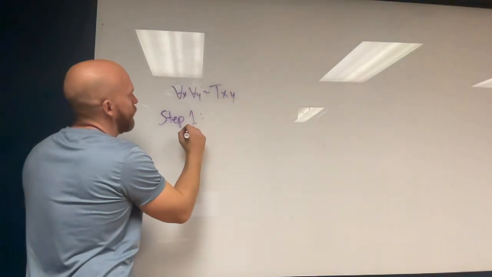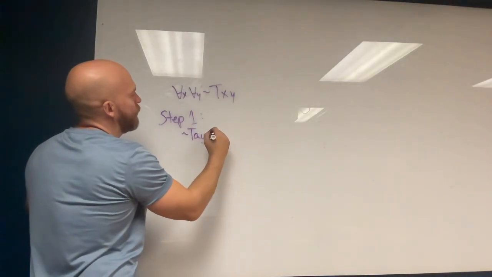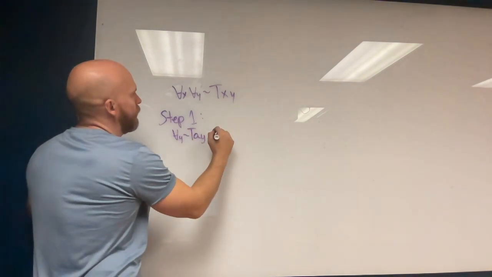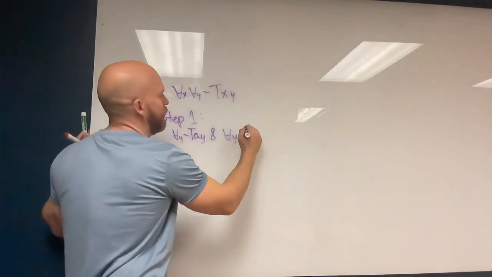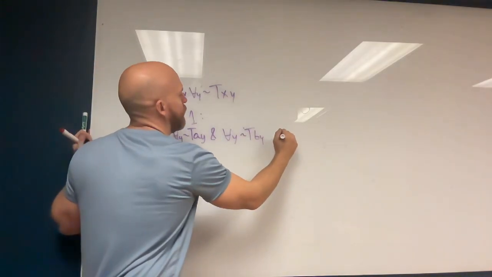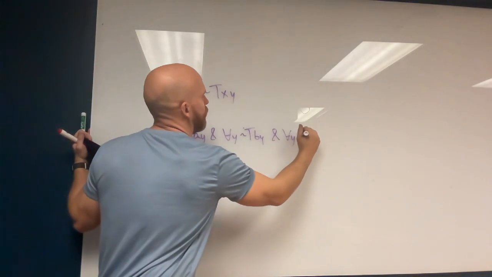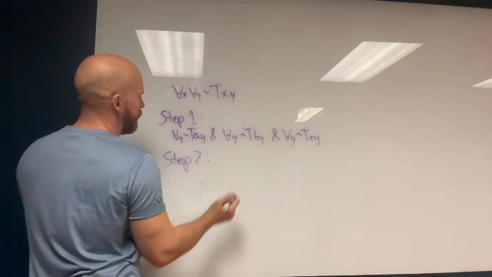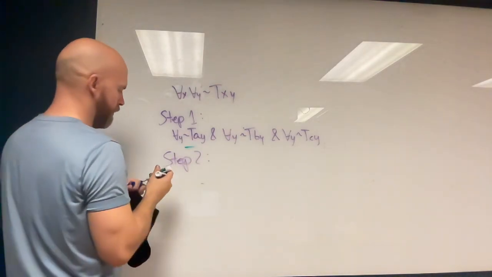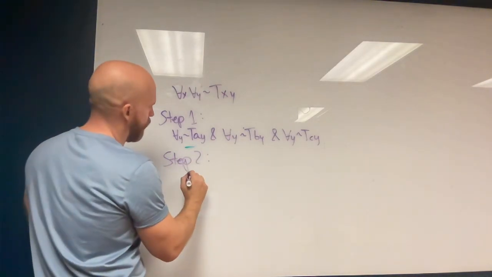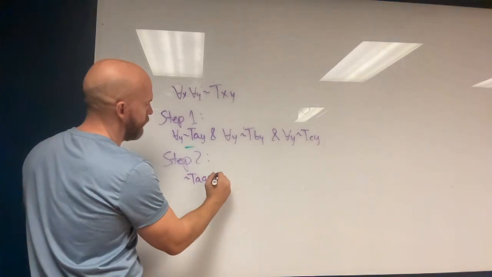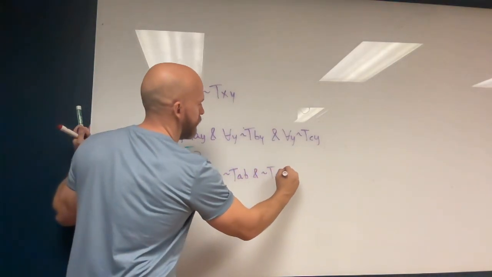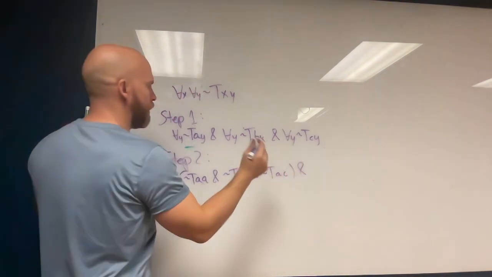Step 1, drop off that first quantifier. So not T A y, all y not T A y, and then conjunction, all y not T B y, and for all y not T C y. And this is our first step. It'll give us our legend, which we can unpack. We'll start here. Our first conjunct, we're going to drop that off: not TAA and not TAB and not TAC, all bound up into a big conjunction.